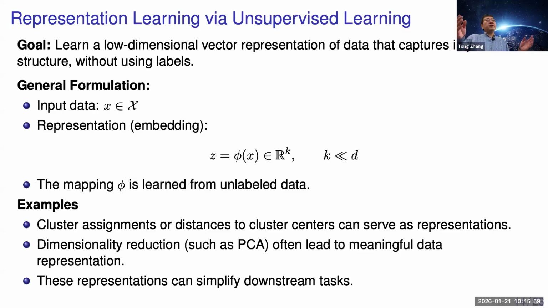Usually in this neural net, like a convolutional neural net, the top layer will be a vector. Before doing classification, that can be your representation of your image. So that's also possible, using supervised learning to do representation.